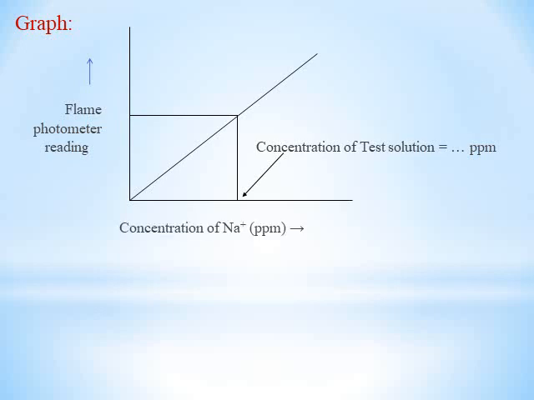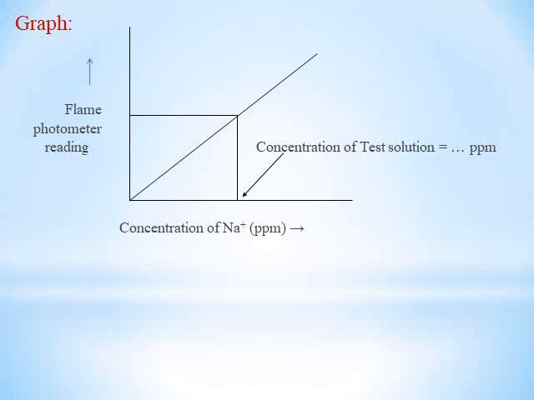Now you have to plot a graph of the flame photometer reading, that is the emission intensity, with respect to the concentration of Na+ in ppm. When you plot the graph, it will give you a straight line passing through the origin, and you have to repeat the procedure for the test solution to get the flame photometer intensity for the test solution.